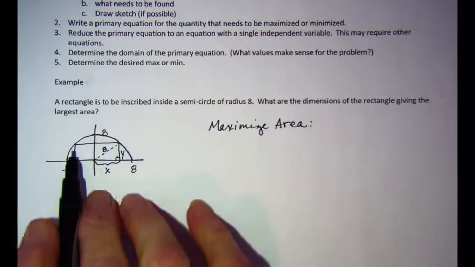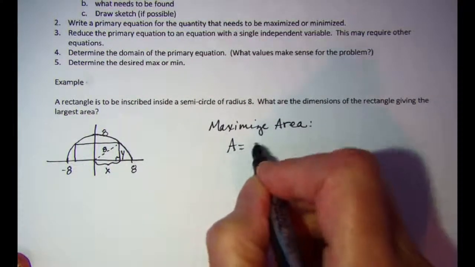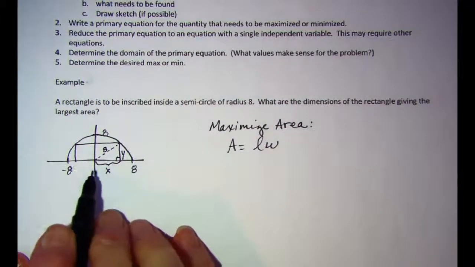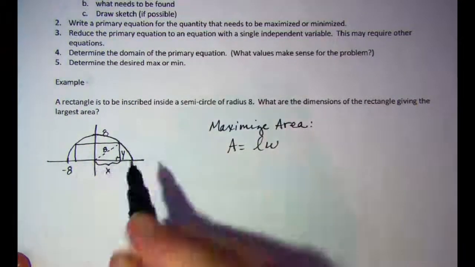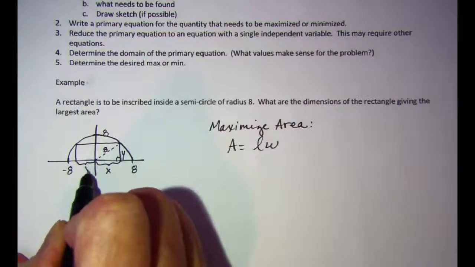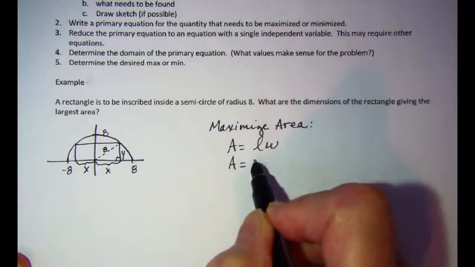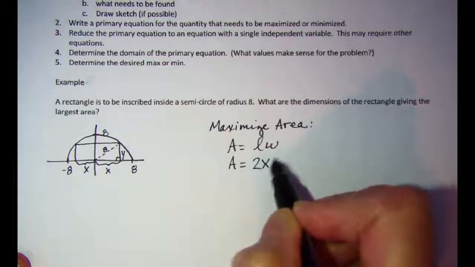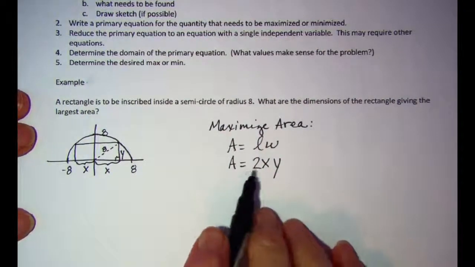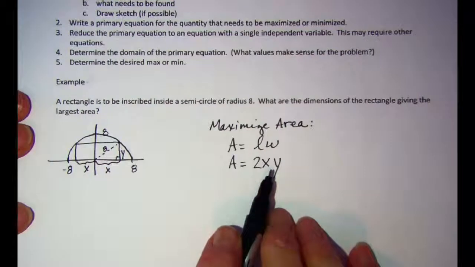Now for our rectangle, the area is going to be length times width. We know that our length of our rectangle, this is also x. So our length is 2x and our width is y. Now we need to write this in terms of x.